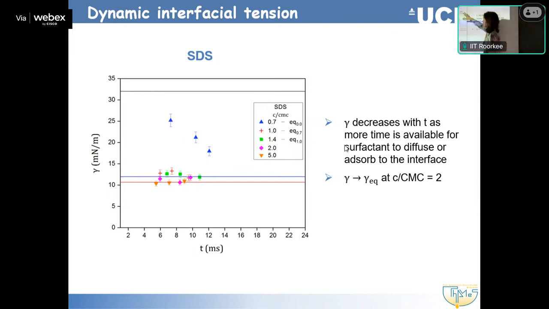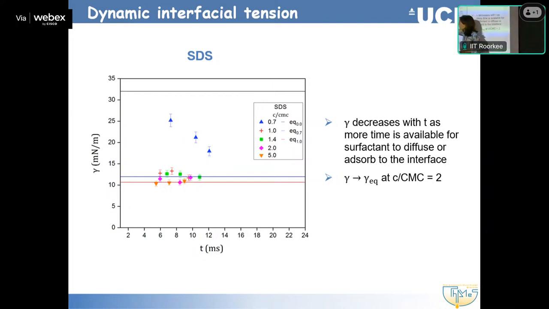And what we see is that for the STS surfactant, which is considered the fast surfactant because it's a small molecule, goes to the interface, and absorbs fast, apart from the very, very low concentrations of the surfactant, in all other cases we do reach, okay, these are lines of the equilibrium interfacial tension for different concentrations.